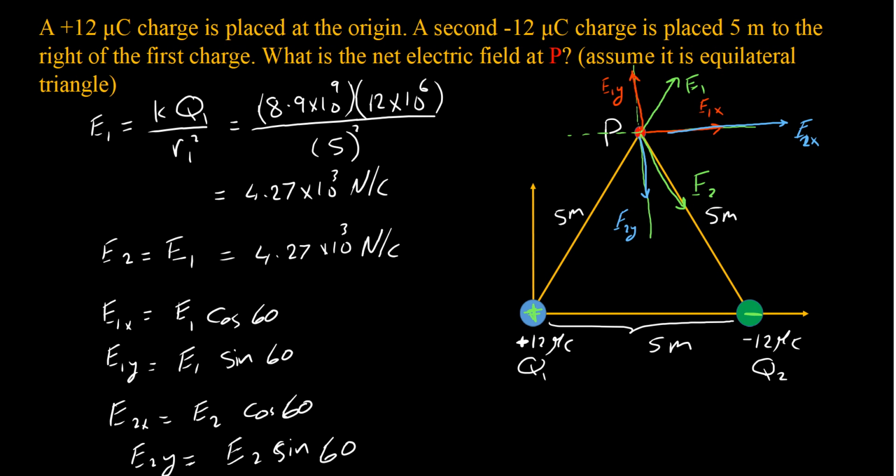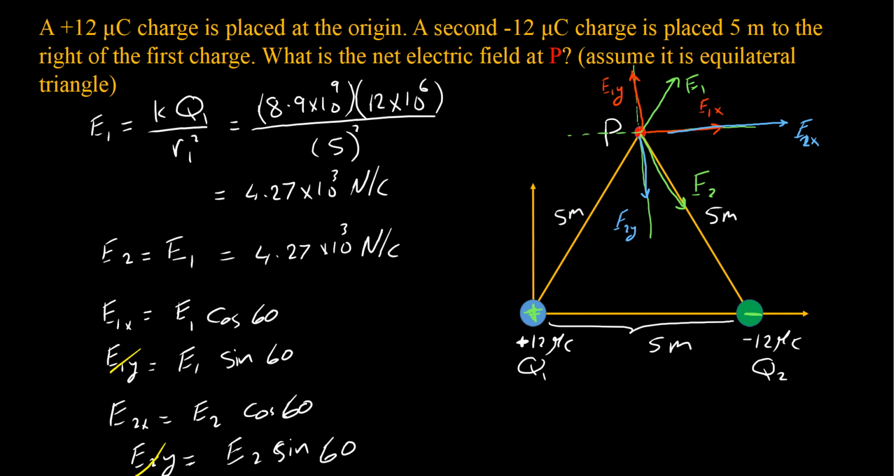But you can see, because the magnitude of electric field 1 and electric field 2 is the same, and we're using the same angle, you can cancel the y component of electric field 1 with the y component of electric field 2, because they will be equal in magnitude and opposite in direction.